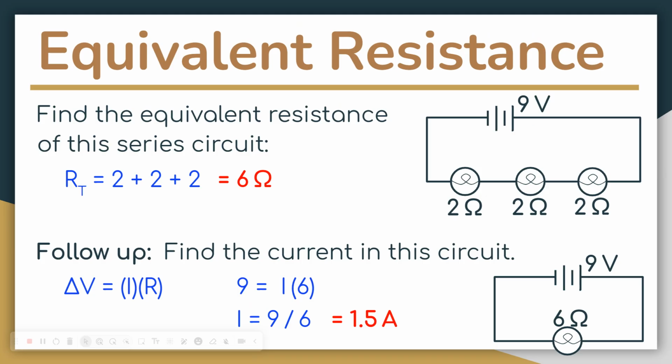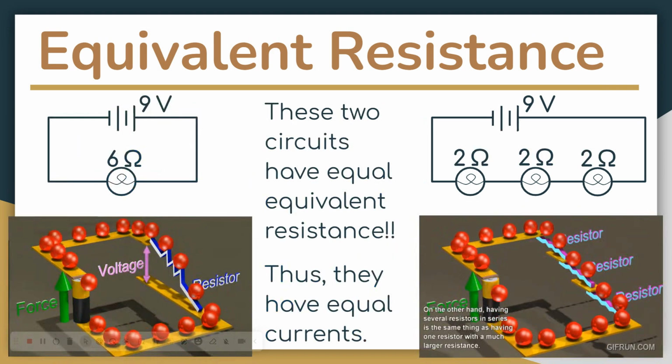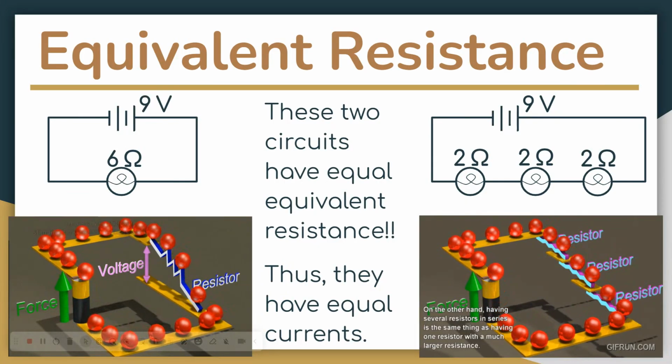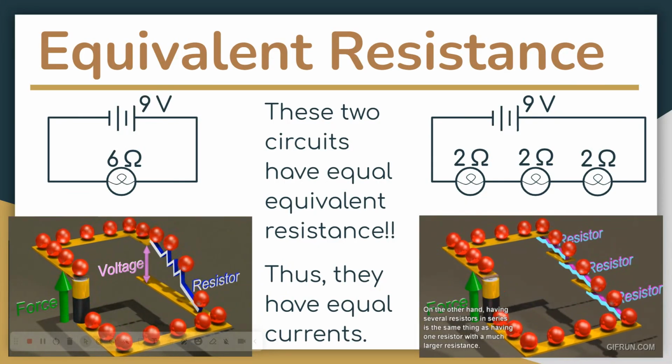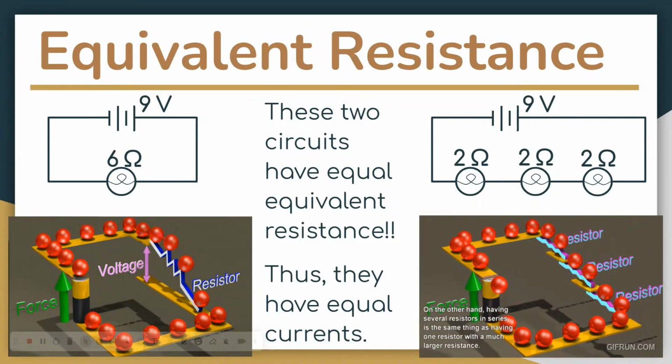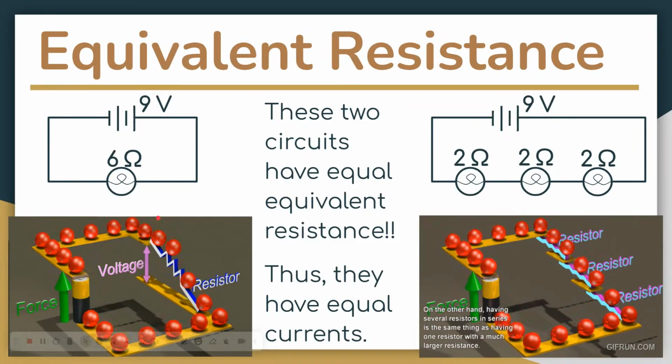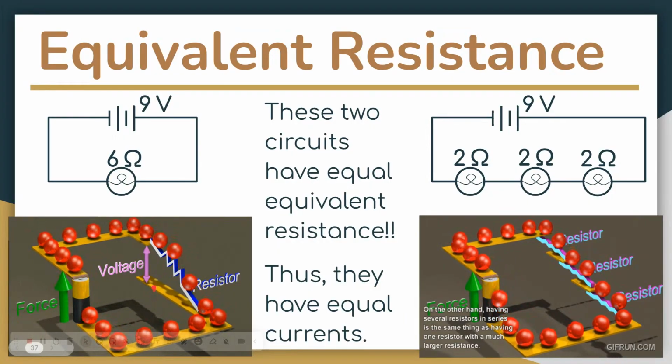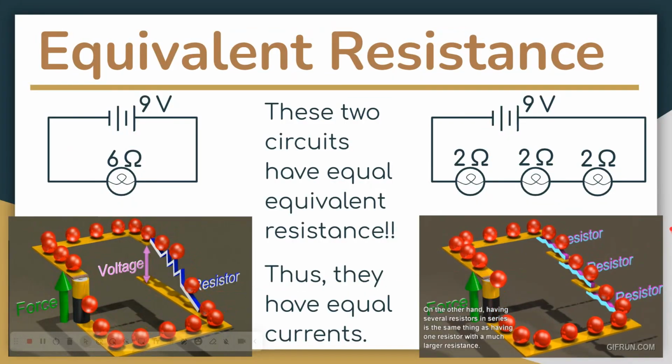So again, you can still apply the stuff from yesterday, and you can apply this new concept of adding multiple resistances together to get your equivalent resistance. Here's what that would look like with the analogy that we were using yesterday. So here, this would be a single 6 ohm resistor, and you can see that this resistor has the same amount of change in voltage as these 3 do together.